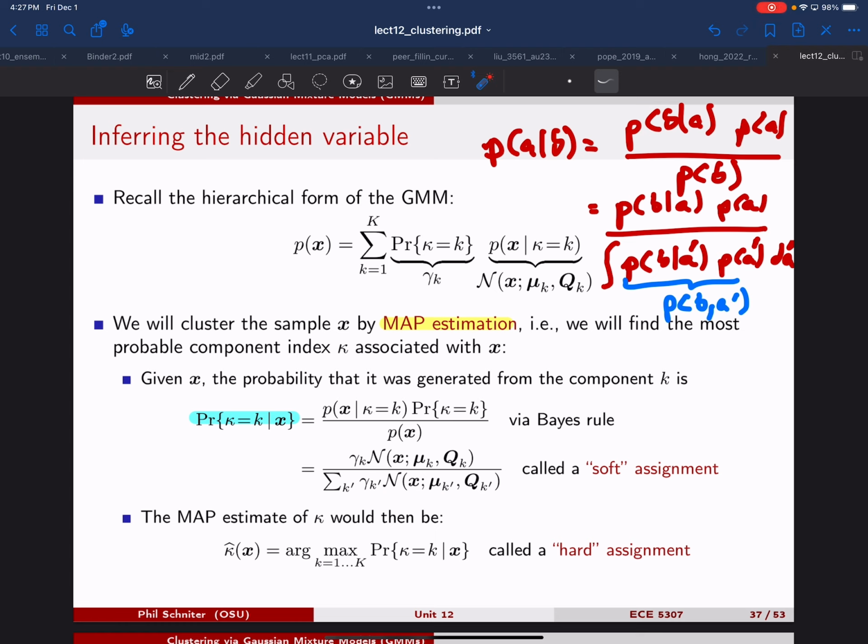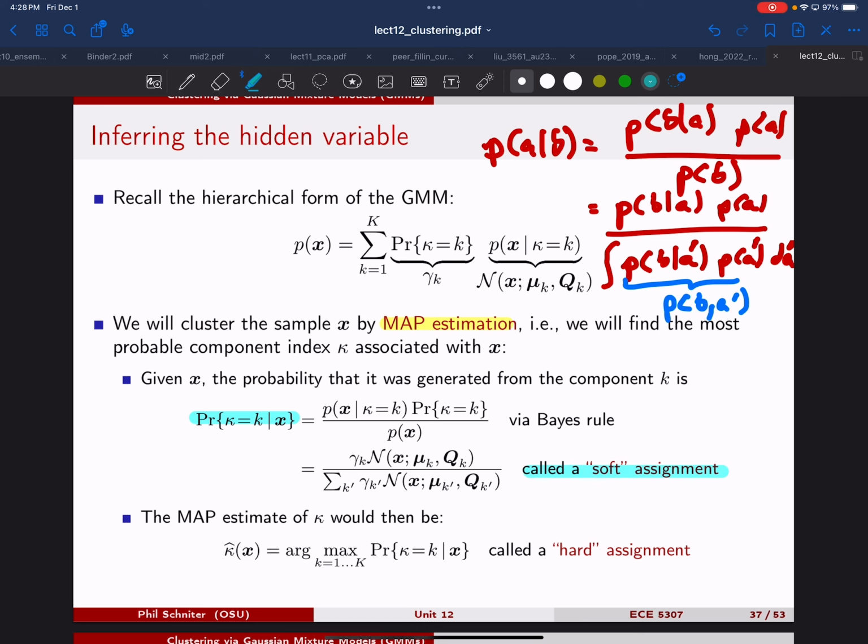So once you fit the GMM to your data distribution, all your training x_i's, you know these values. And for any new test point x, you can just plug that in and immediately compute its soft probability. So now you know, 70% chance I think it came from here, 30% from there, and so on. So that's the soft assignment.